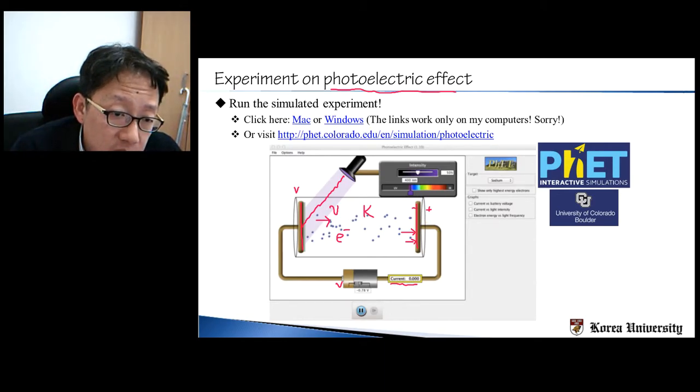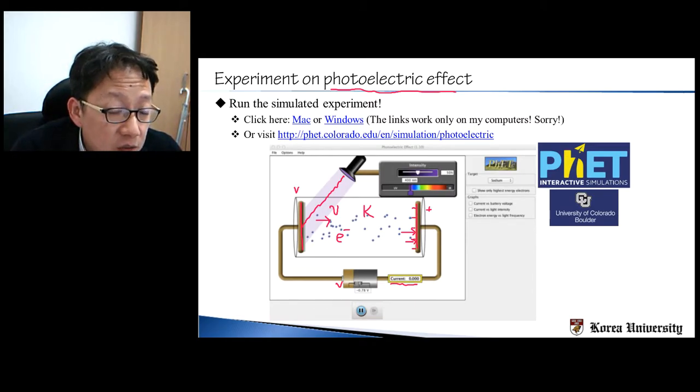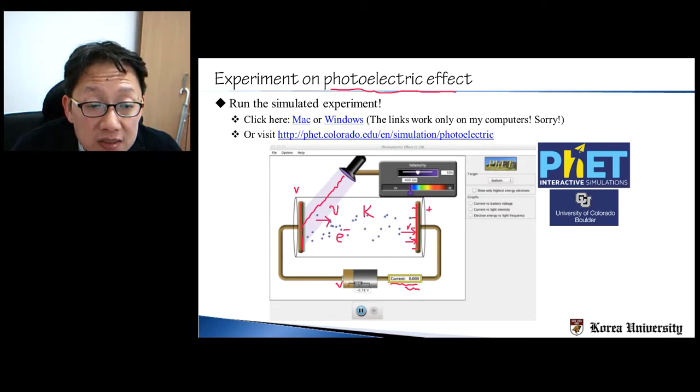But if you supply negative potential here, then electrons will slow down, and if you adjust the negative potential more or less, then electrons will stop. You can actually stop them before they arrive at the second plate, and then you will see the current becoming zero. That we will call the stopping potential because now the electrons stop.